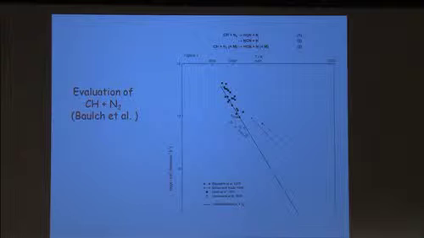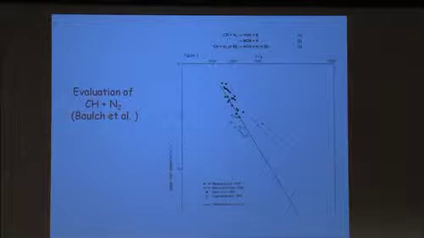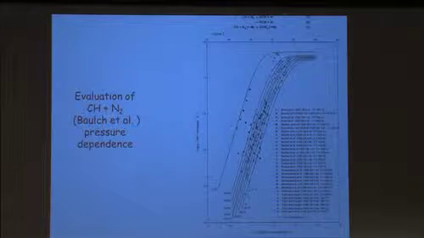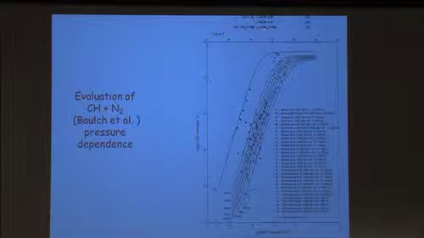And this is an evaluation for CH plus N2 by Bolch et al., measurements in the high temperature regime, and this was the evaluation result that came out of it. In addition, there is a reaction in which CH reacts with N2 to form this species CHN2.